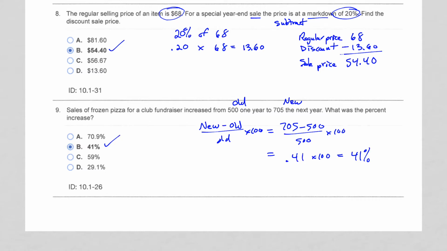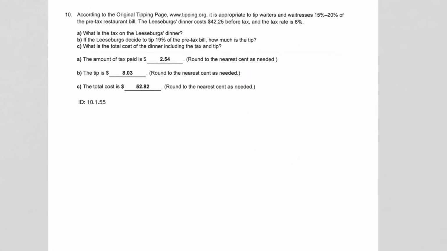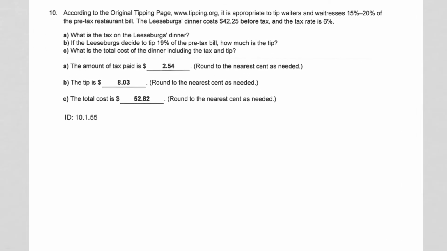All right, we have a few more in 10.1. Next page. We have the tipping question from your homework. This is a great question, as we all need to be educated on total cost for dinner, and that's going to be tax and tip.